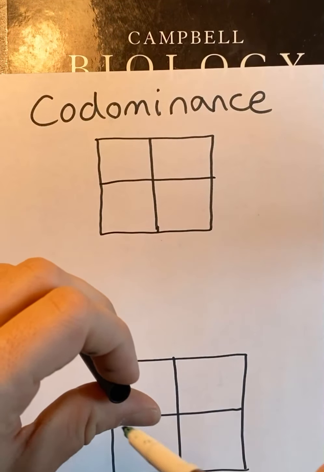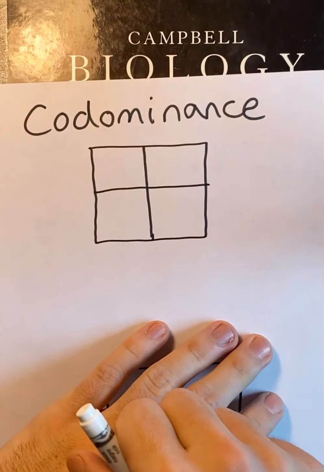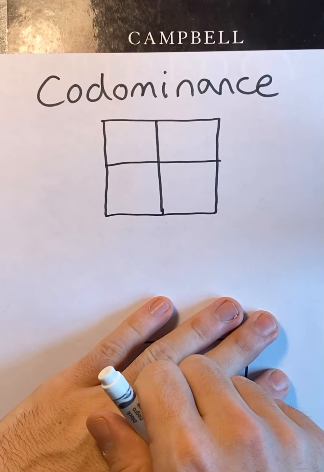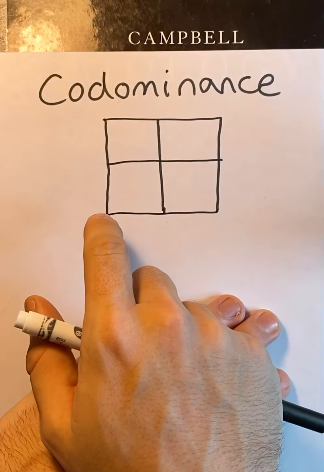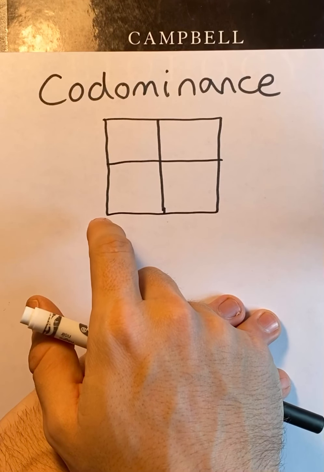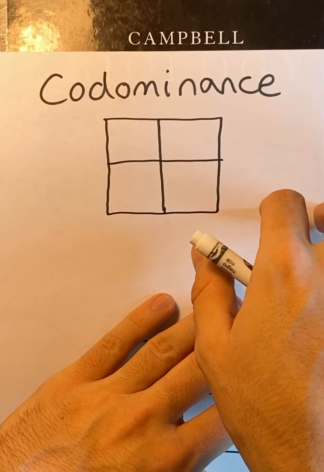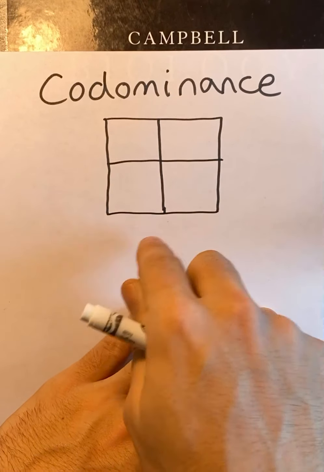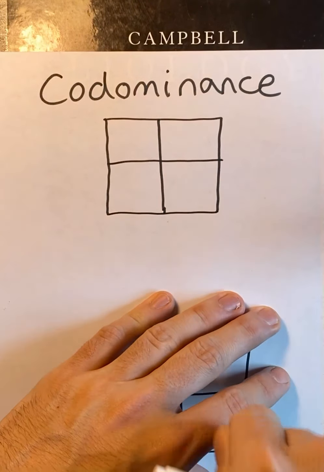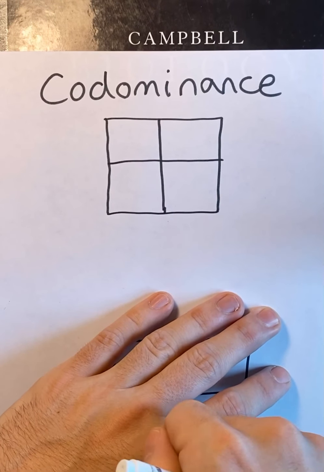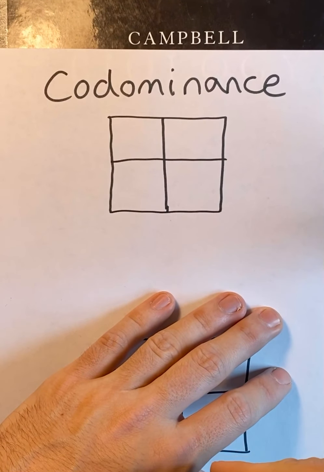Or you might have a cactus, where spiky thorns are dominant and round thorns are recessive, but when you have the hybrid, it shows both spiky and round thorns on it at the same time. And so that's codominance. So those are different examples of some exceptions to Punnett squares.